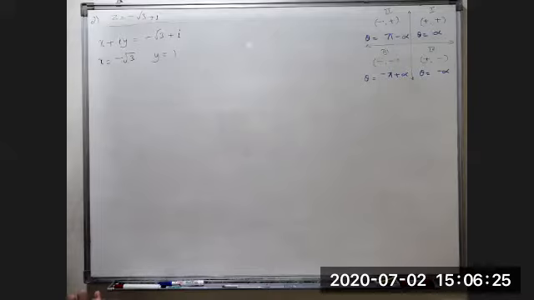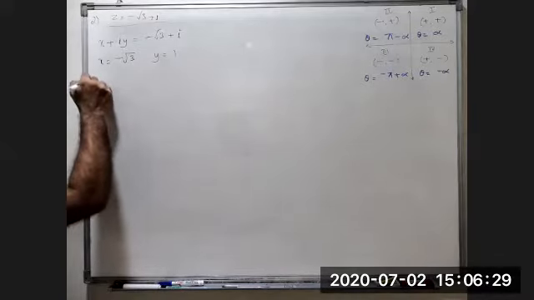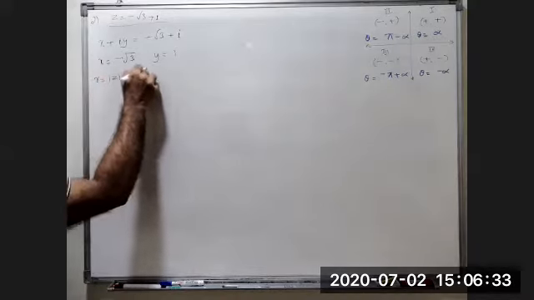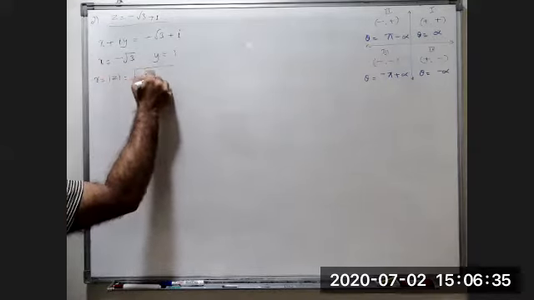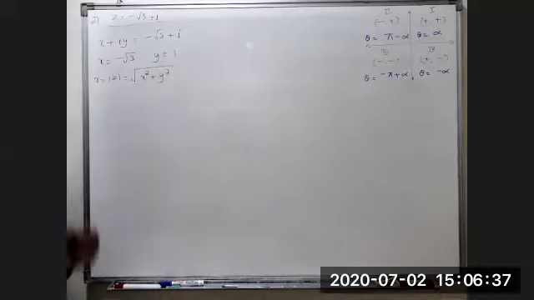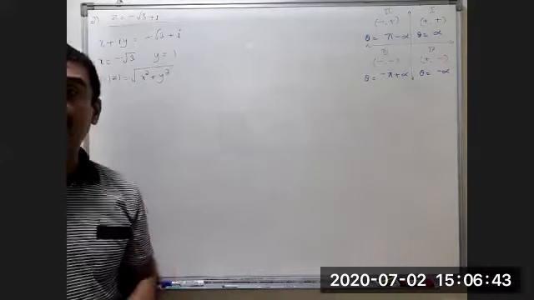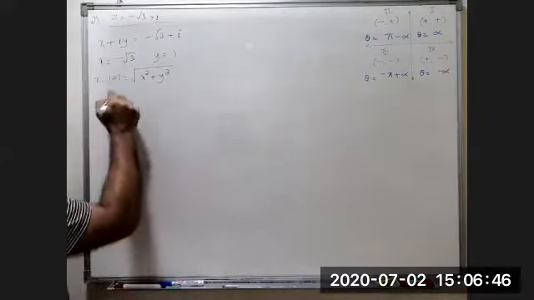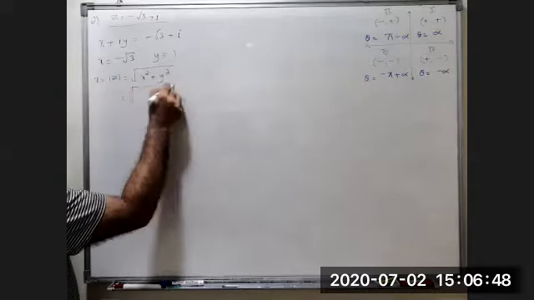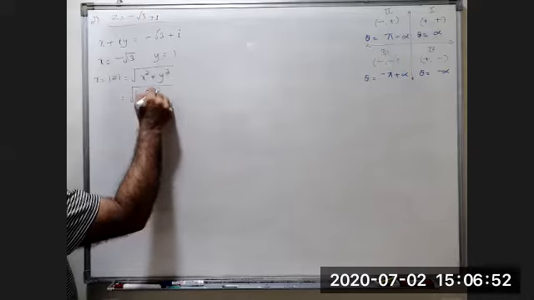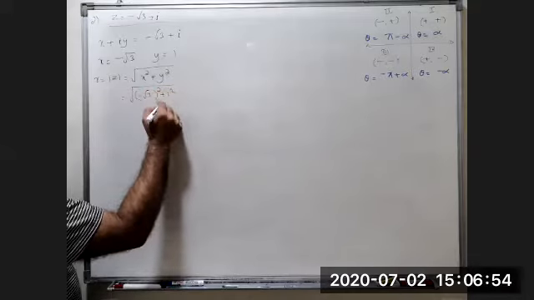After writing x and y, the next thing is finding the modulus. r is modulus of z. The formula is the root of x square plus y square. This is the root of minus root 3 square plus 1 square.